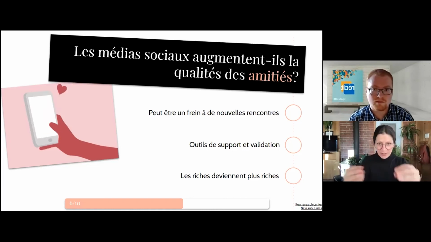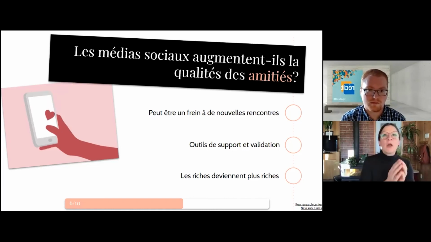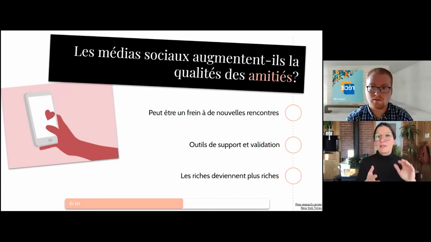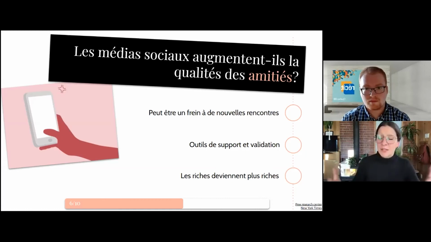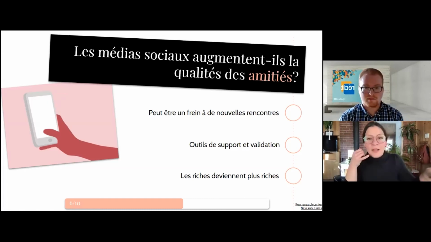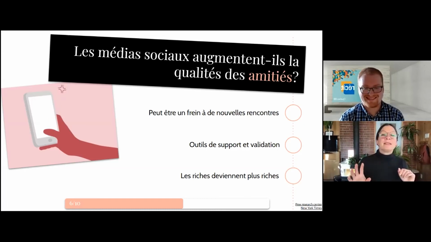What we see also is that for people who already have quality friendships, social media will contribute to the quality and help improve these friendships, because it gives them a communication function. Just like when you were young and you could spend the night on the phone. It was a phone with a landline back then.